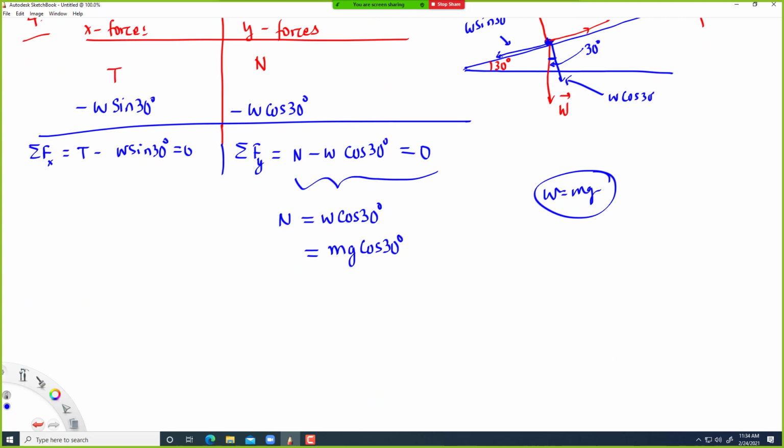So you plug in the numbers. The weight is given, so you don't even need to use this formula. This is already given. So mg is 77 Newton, times cosine 30 degrees.